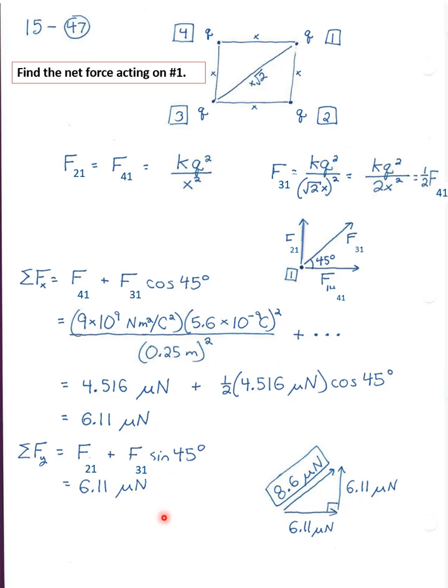And so they should be the same. So we get 6.11 micronewtons horizontally, 6.11 micronewtons vertically, and use Pythagorean theorem and you get 8.6 micronewtons as the net force acting on charge 1.